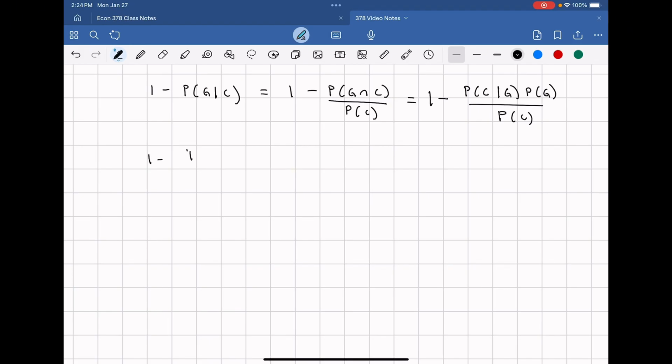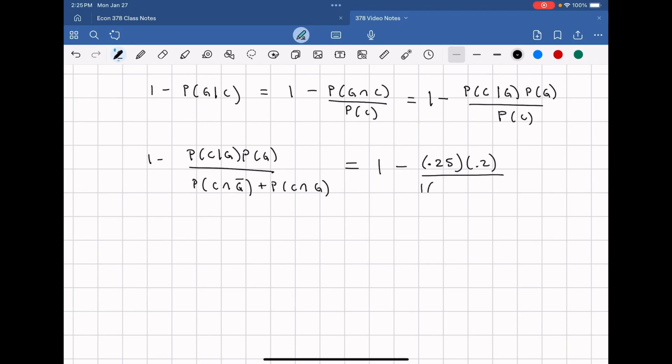And now we know the bottom: 1 minus P of C conditional on G, times the probability of G, over, and this is where we get our probability of C and not G, plus the probability of C and G. And now we can plug and chug, so that we get 1 minus 0.25 times 0.2 divided by 1 times 0.8 plus 0.25 times 0.2.